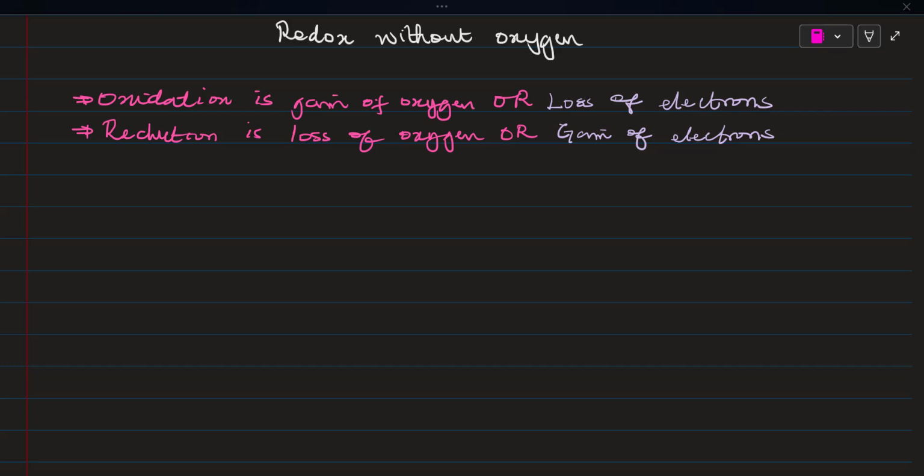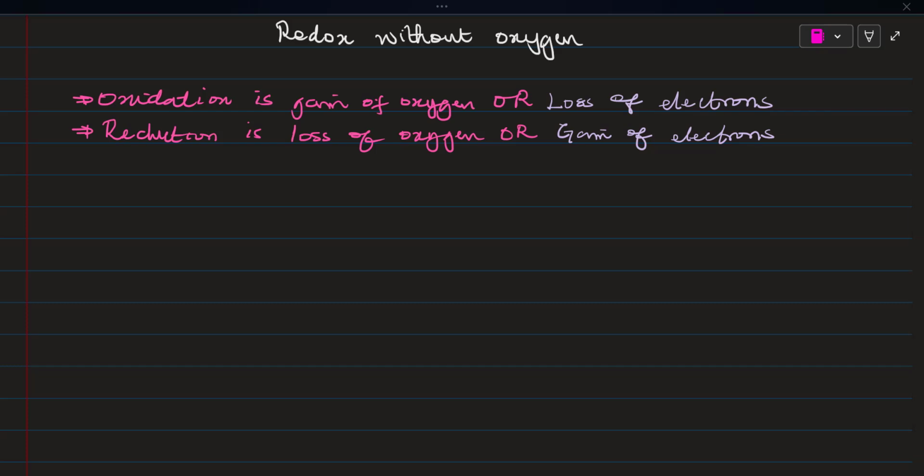Welcome back. In today's class, we want to look at redox without oxygen. In the previous class, we defined oxidation as gain of oxygen or loss of electrons, and reduction as loss of oxygen or gain of electrons.